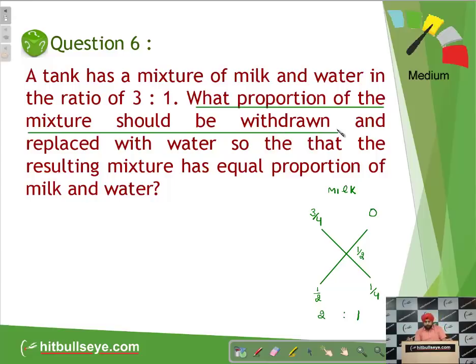So that means whatever has been withdrawn, the same has been replaced. That is, this one portion which has been withdrawn and replaced has been a proportion out of the total also. So that means this 1 out of this total of 3 has been taken out and replaced. So the answer in this case shall become 1/3.